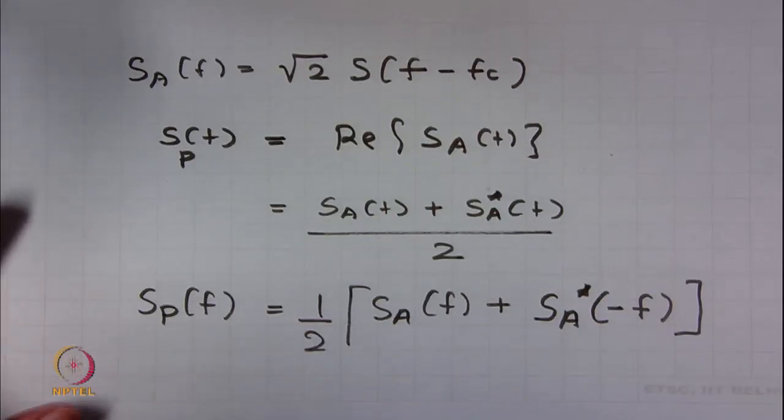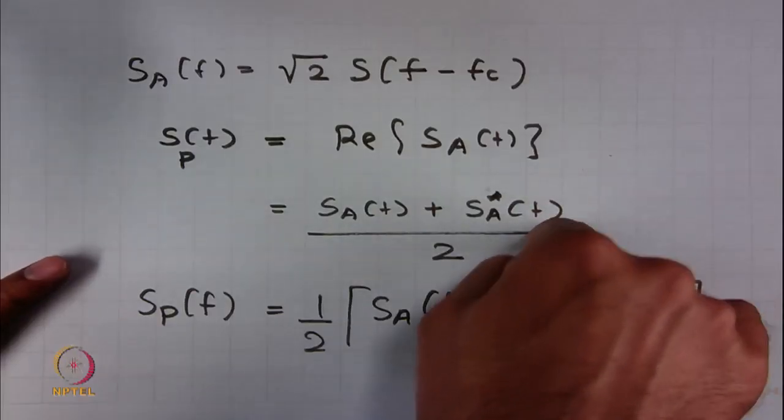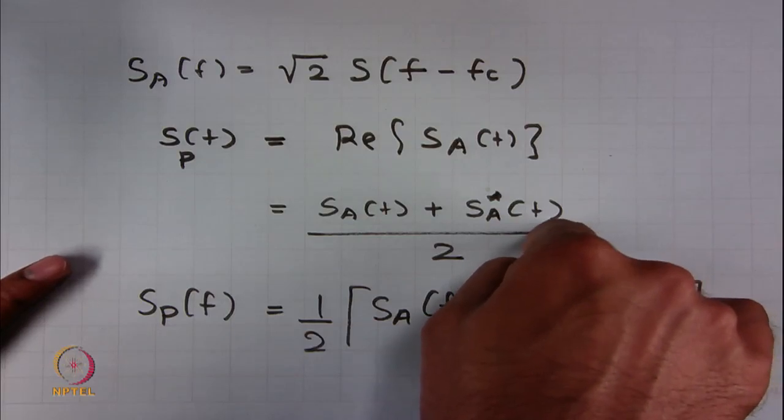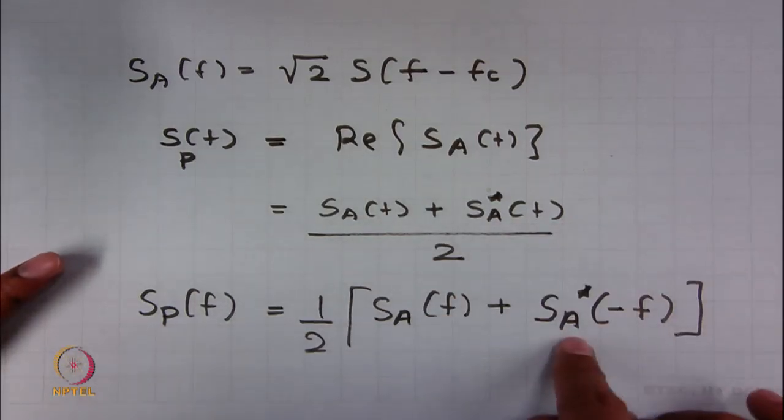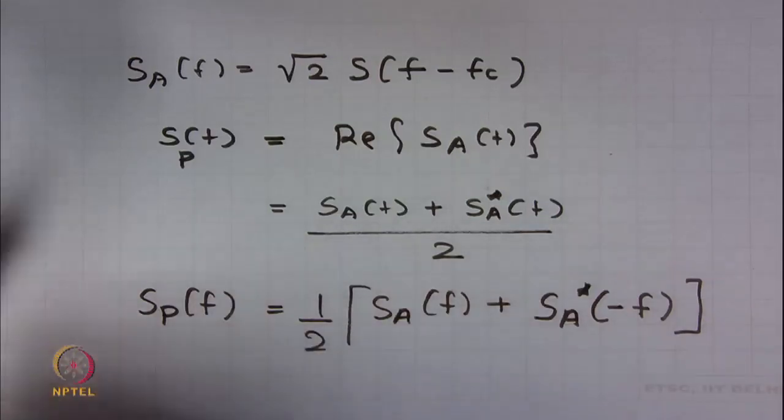You must have learned about conjugate symmetry and things like that, and this invokes the same idea. So, if you want to take the Fourier transform or the spectrum of sa(t) conjugate, this would be Sa(-f) conjugate.